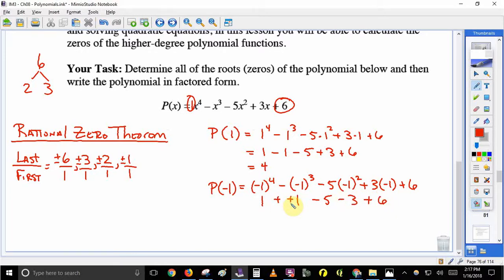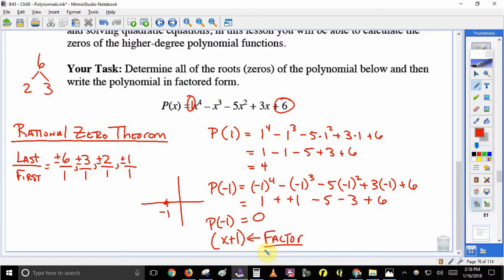So that becomes 2 plus 6 minus 8. So there's a remainder of 0 with negative 1, which means negative 1 is a root. In other words, we're hitting the axis at negative 1, then x plus 1 has to be a factor. And that's what's going to get us started.